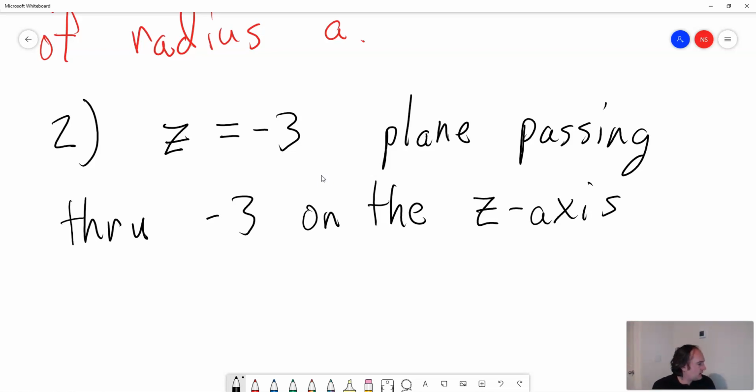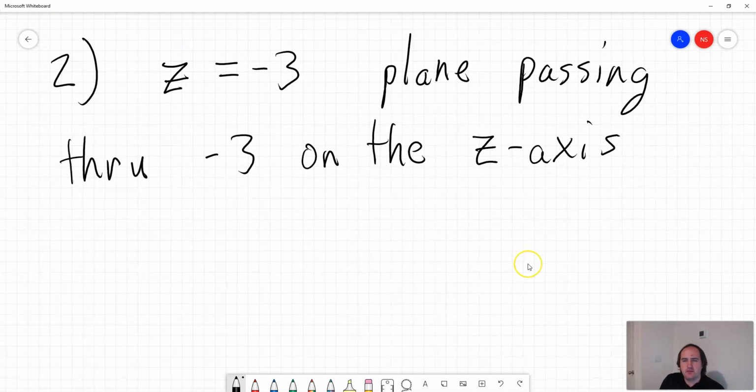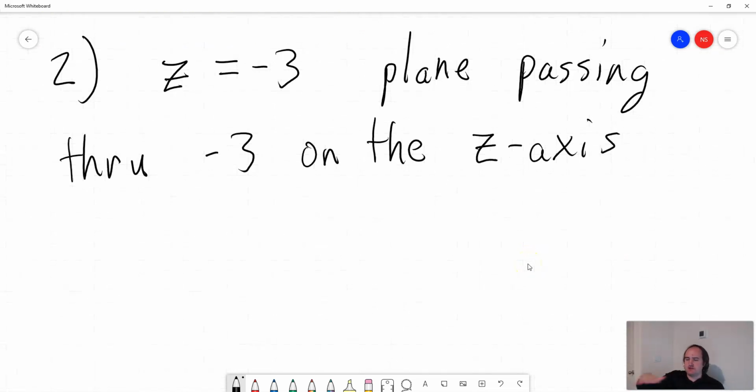Okay, and to sketch this should actually be pretty straightforward. So literally all we have to do is sketch a plane. And remember, a plane is a flat surface. Okay.